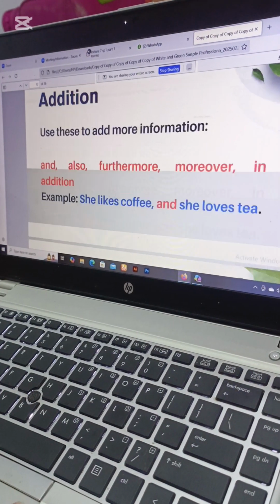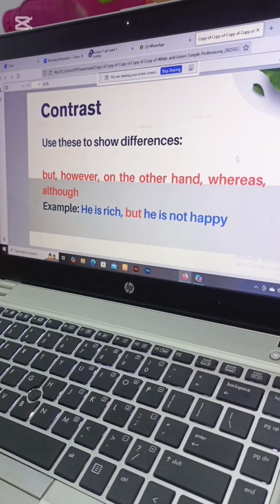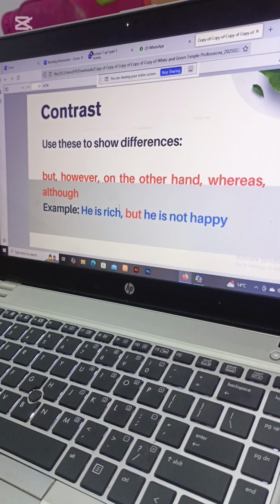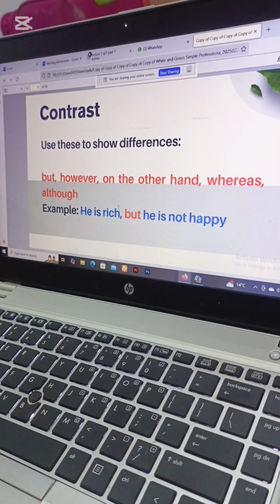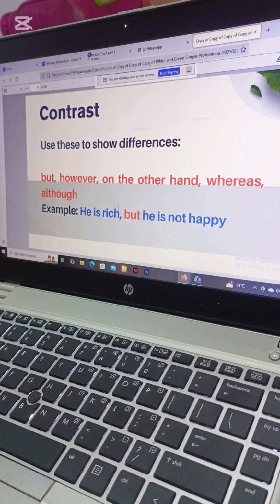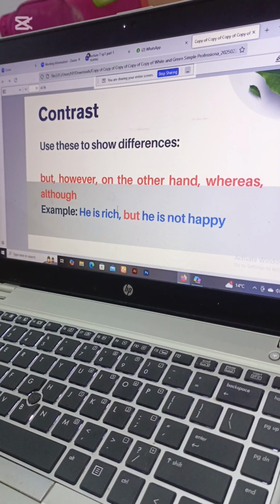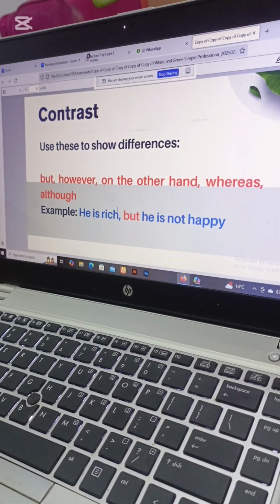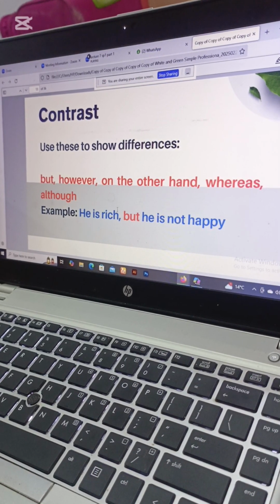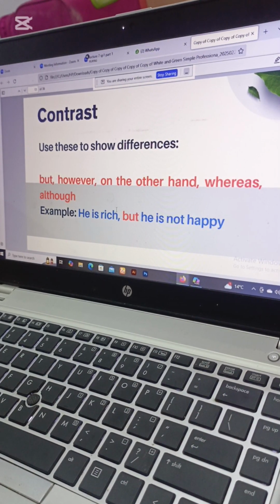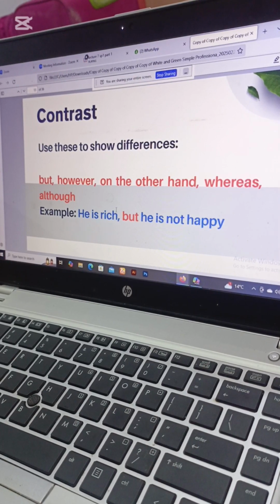Can you read out the words which are used for contrast? But, however, on the other hand, whereas, although. What did you say for the word that comes after on the other hand?